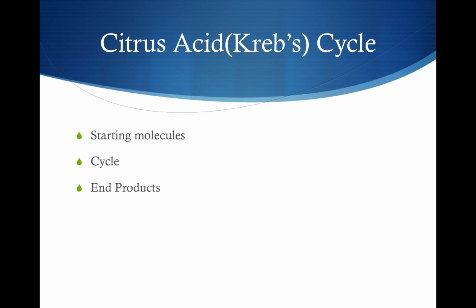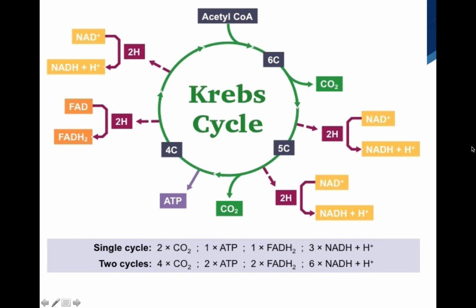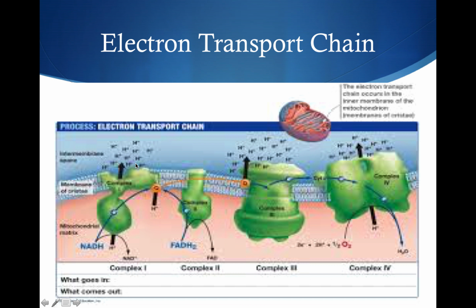And now the final products, as you can see right here, will be two carbon dioxides, 1 ATP, 1 FADH2, and 3 NADHs, right? And as we can see, it goes around the cycle, 6 carbon, 5 carbon, and then here we'll get our ATP and our high energy electron.